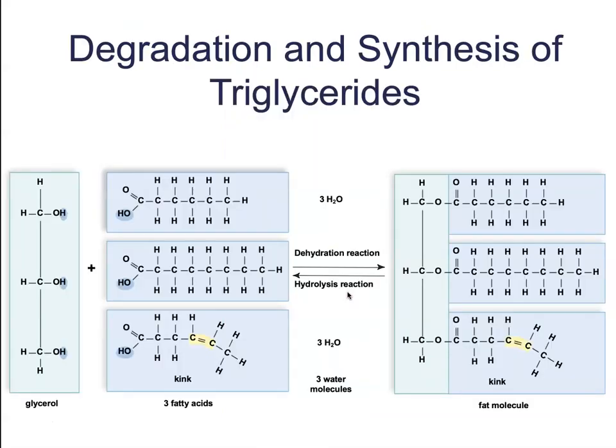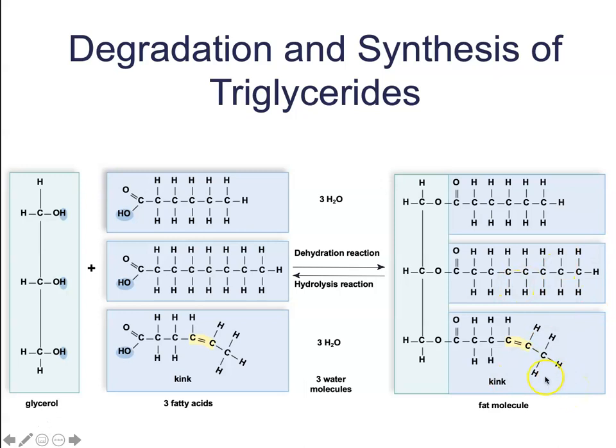Synthesis of triglycerides is going to involve a dehydration reaction. The carboxyl groups of the 3 fatty acids are going to react with the hydrogen that's found in the hydroxyl group of the glycerol molecule, and we're going to undergo a dehydration reaction to release 3 water molecules and 1 triglyceride made up of a glycerol molecule and 3 fatty acid tails.